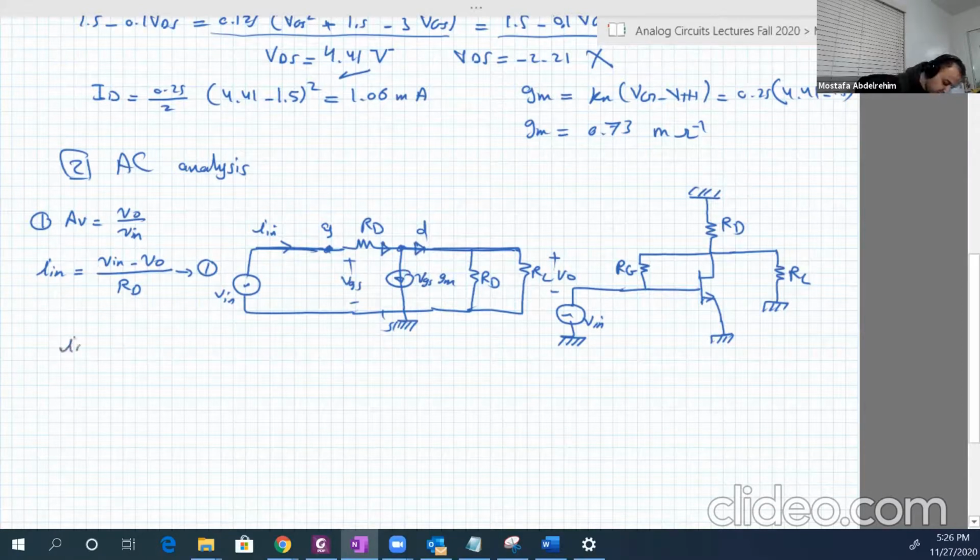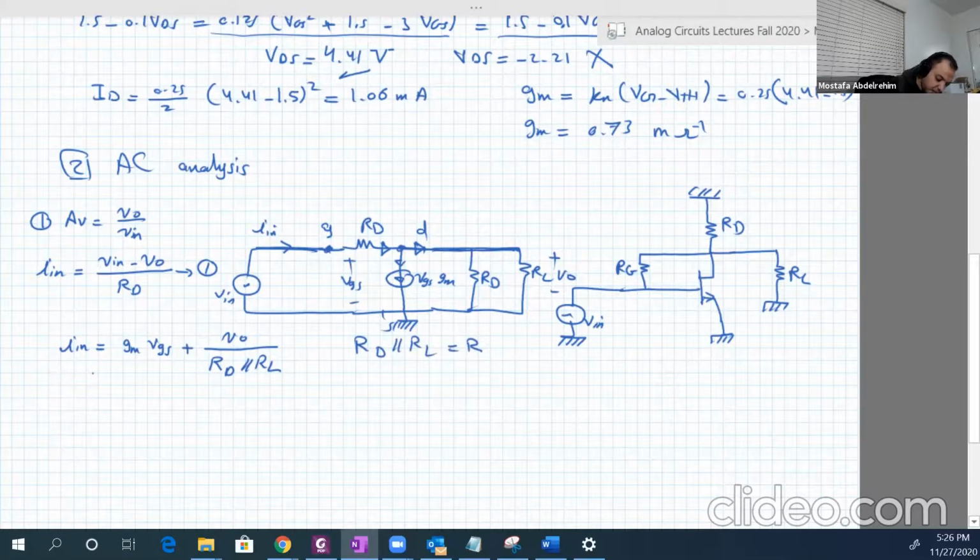So I input is equal to the first current, GM VGS, and the second current, which goes in here, equal to the voltage across these two resistors divided by the parallel combination of these two resistors. So it's equal to VO over RD parallel RL. I will call RD parallel RL, R.